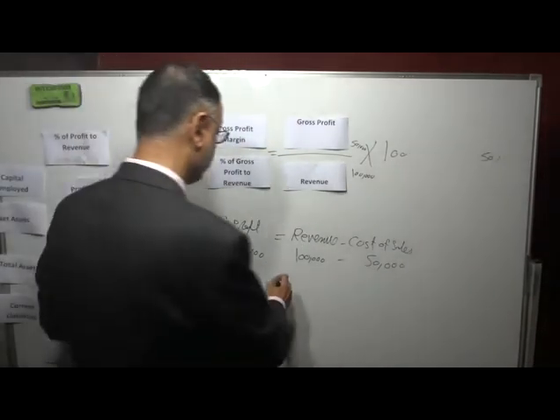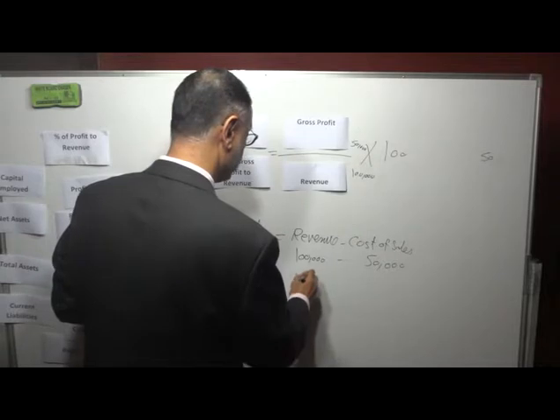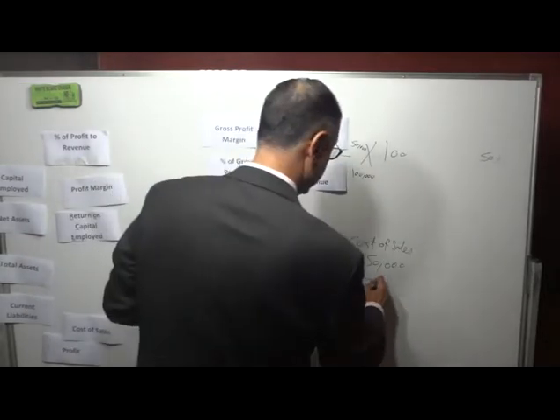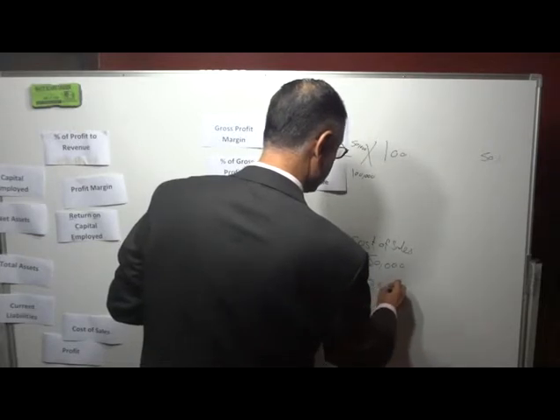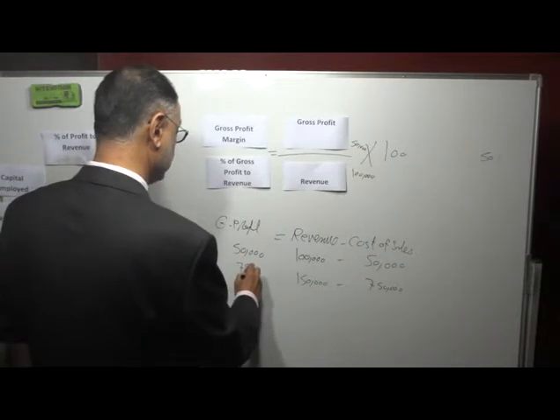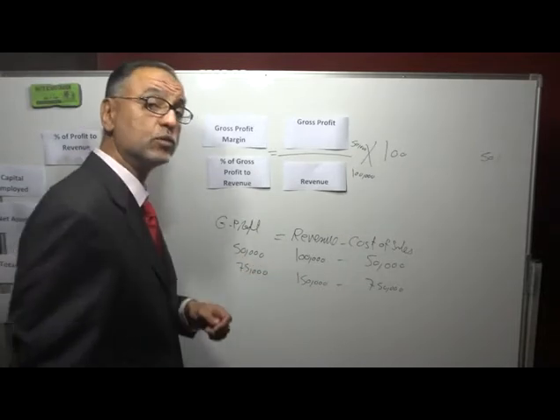Then in the following year, revenue became 150,000 and cost of sales became 75,000. So we have gross profit of 75,000.